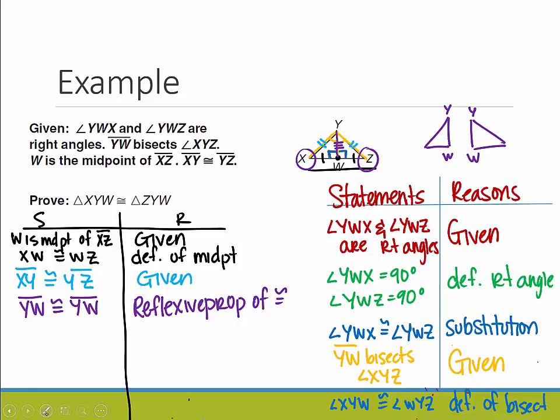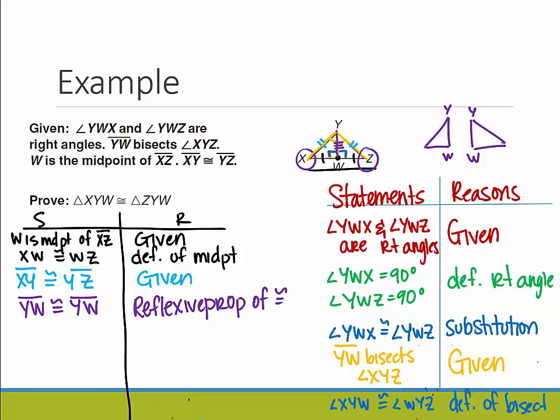And then the last thing that we have to prove are these angles here. That angle YXW has to be congruent to YZW. And we can do this with one of the theorems that we learned in the last set of notes, the third angle theorem.